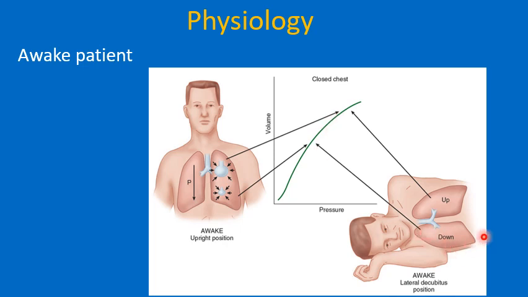And one more thing is that the diaphragm is pushed up by the abdominal contents and is actively contracting. That is also one of the reasons why ventilation is better in the dependent lung when compared to the non-dependent lung in an awake patient in lateral decubitus position.